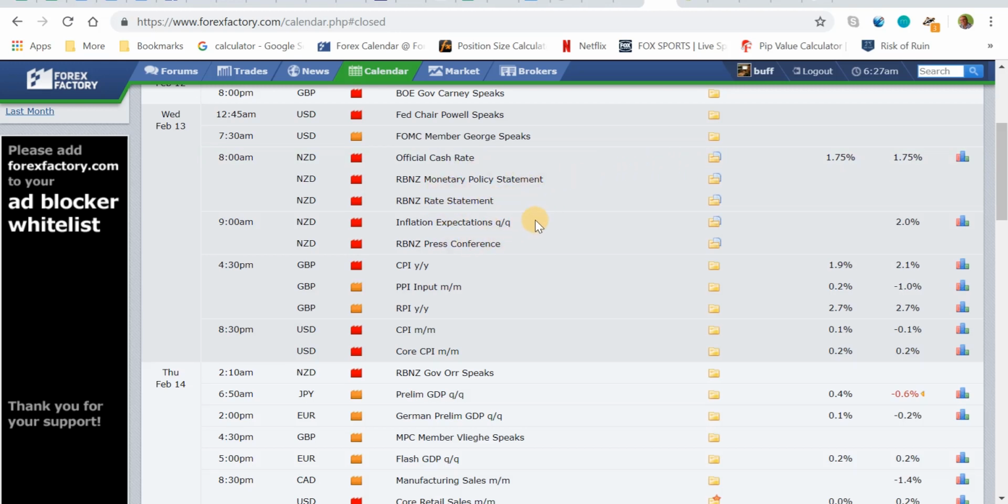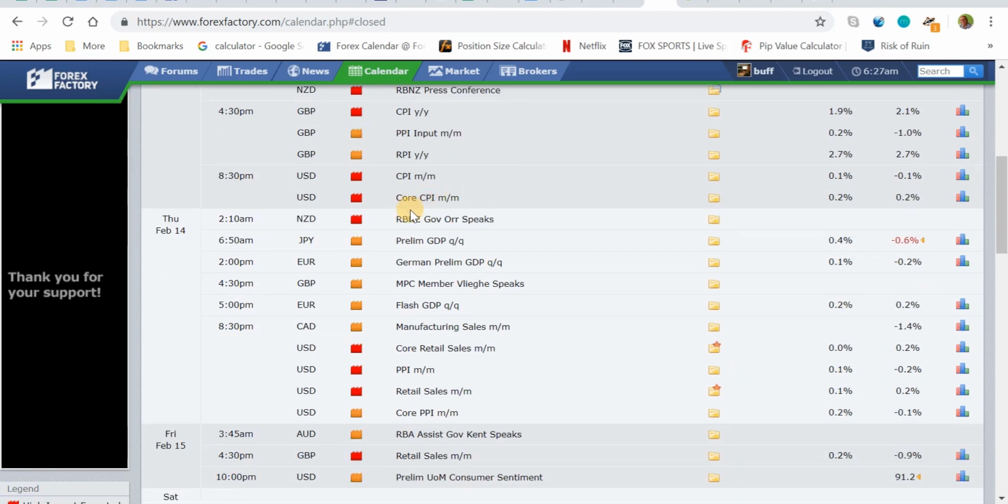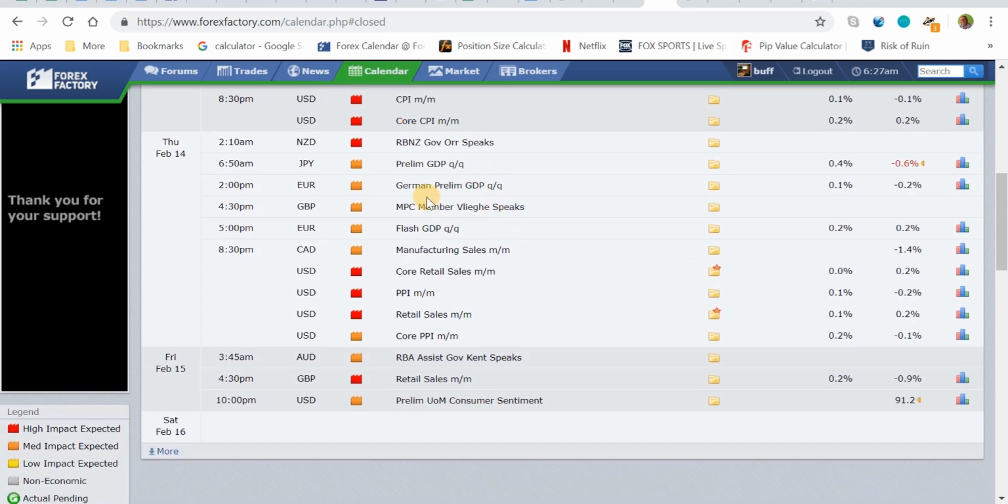They have their speeches and talk about the future. CPI out of the US on Wednesday also. Core retail sales, basically all the retail sales out of the US on Thursday, something to be aware of. And Friday looks like retail sales out of the UK.